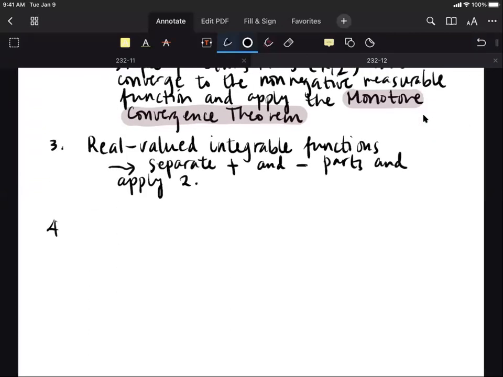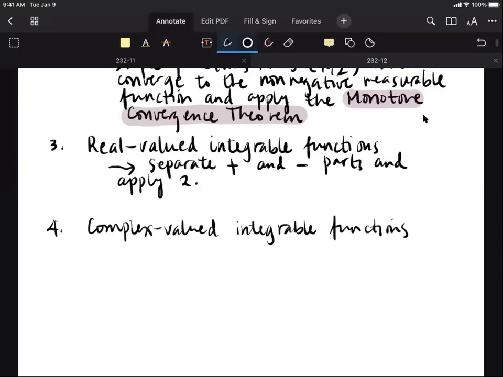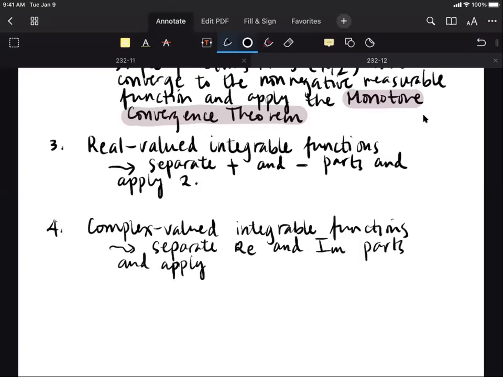And finally, for complex valued integrable functions, as usual, you separate the real and imaginary parts and apply the previous step.